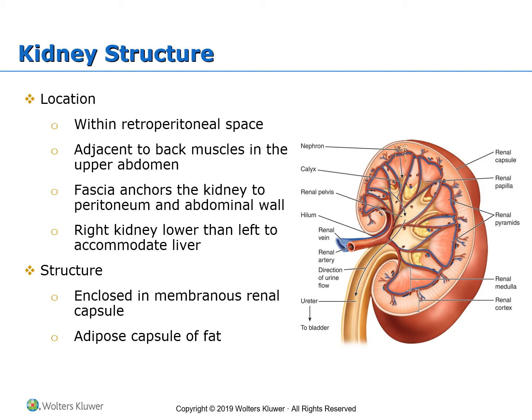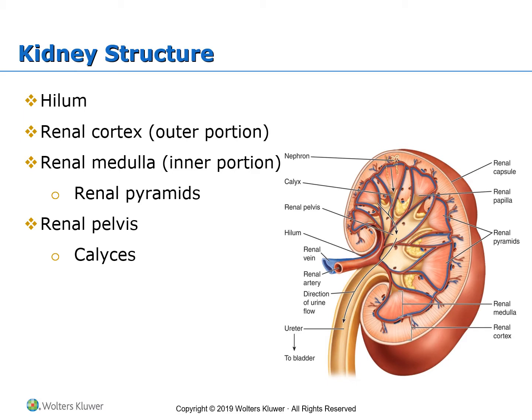We can say that the renal artery bringing the blood in is getting in, while the renal vein, because it's going out, will leave the kidney at that level. So again, you can see the hilum with the renal blood vessels and the ureter.